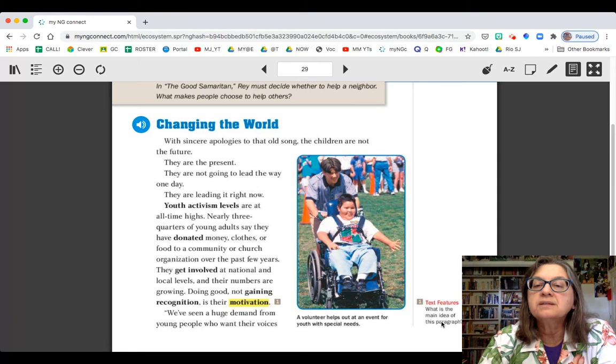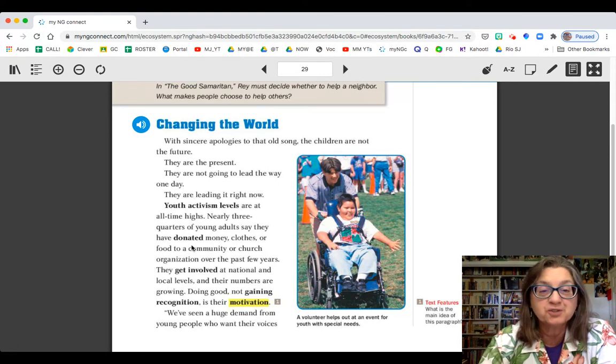So, what is the main idea of this paragraph? Something to help is looking at the words that are in bold letters. Youth activism. So getting active, being involved. They've donated.